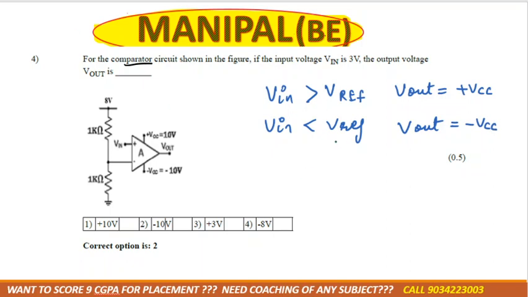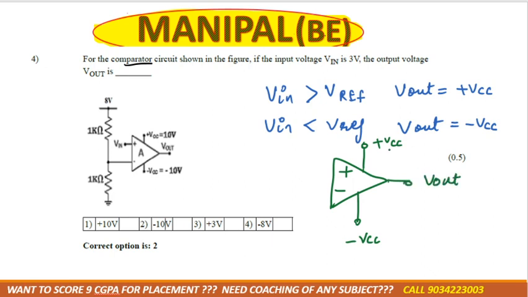Let me show you the standard diagram. This is the positive terminal, negative terminal. Here we give plus VCC supply and here minus VCC supply. Basically, the output voltage should be in the range of plus VCC to minus VCC.